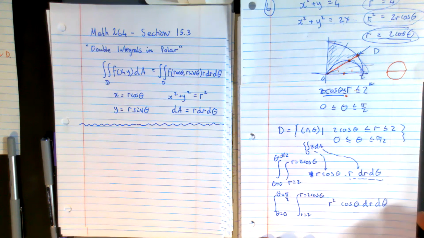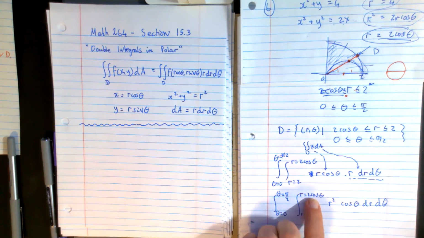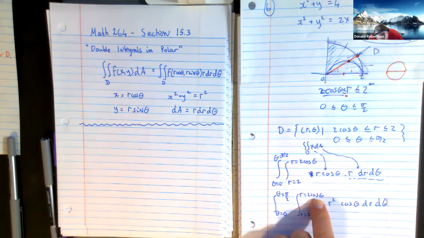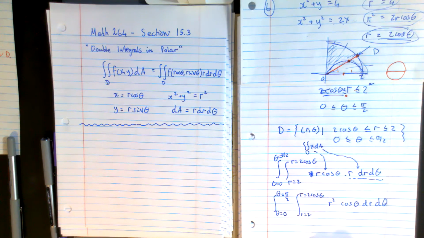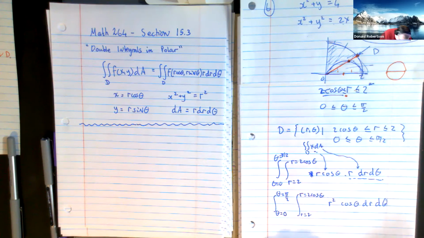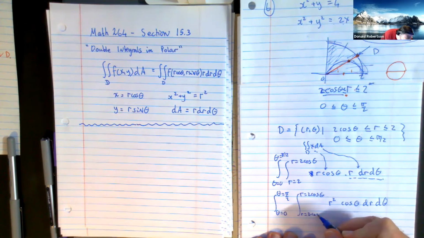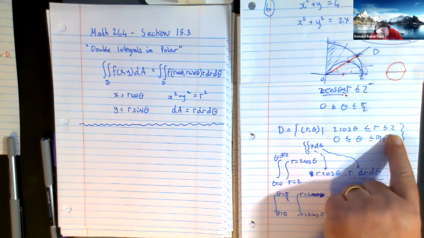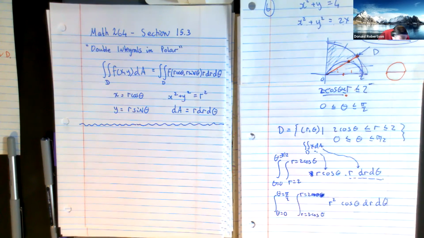Question: on your integral, shouldn't it be 2 cosine theta? Because 2 cosine theta is the lower end of r to 2. I think I've written 2 cosine theta. Where do you think I should be writing it? Isn't it the lower side of r? Oh. Yes, I did it here, but didn't translate it here.